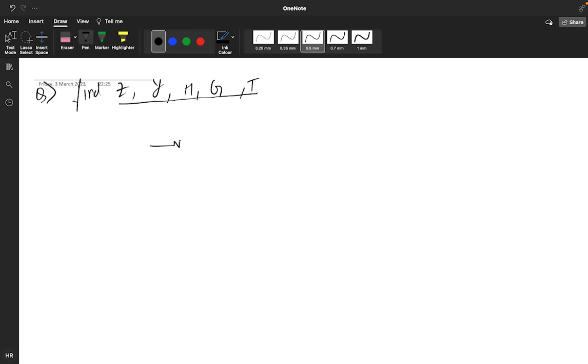Your network is this. It's 10 ohm. It's 3 ohm. This is positive negative, 4I1 dependent source is given. And this is 2 ohm.